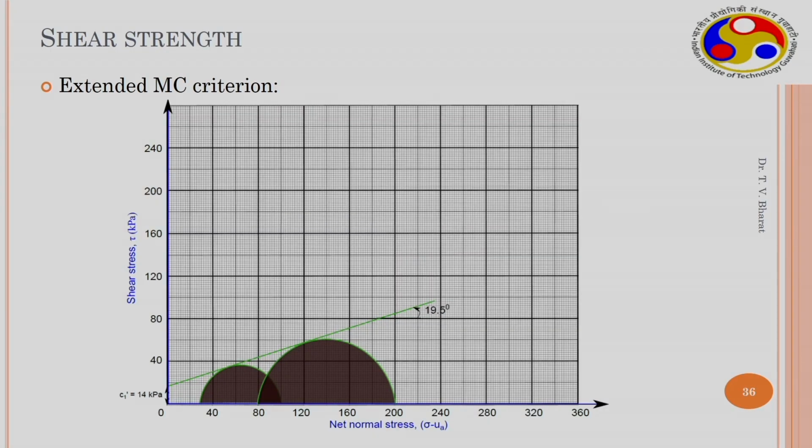So here, as we have done earlier, the net normal stress, that is sigma minus UA, and tau f are plotted. This is at one particular UA minus UW, that is UA minus UW is 40 kilopascal. So at 40 kilopascal, when we use the test data, this is test data 1 and this is test data 2.